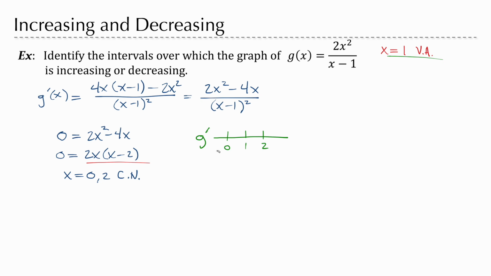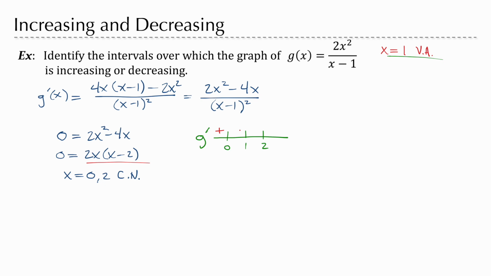So for instance, if I choose -1, when I put a -1 in here, that's going to make this part a negative and make this part a negative. And negative times negative tells me that this is going to be a place where the derivative has positive values, or the graph of G is increasing. Now, between 0 and 1, I'm going to choose just 1/2. So if I plug 1/2 in here, I'm going to get a positive here and a negative here.